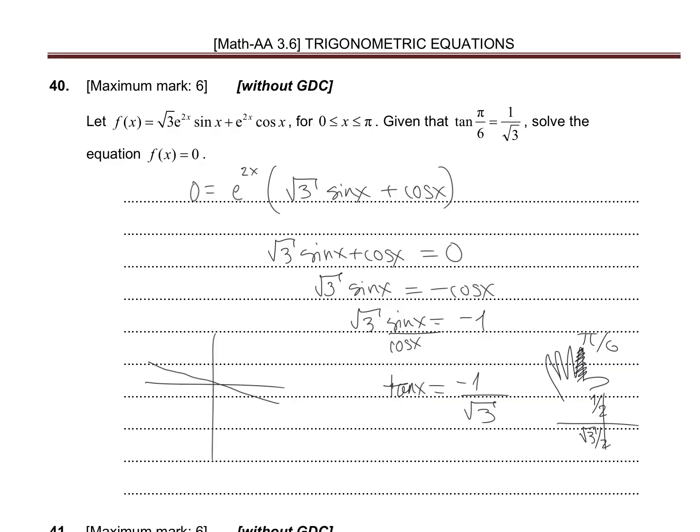Actually, it's going to be more like this because it's pi over 6 and pi over 6 here. All right, so now it's in between 0 and pi only. So we only have 5 pi over 6, pi minus pi over 6. So 5 pi over 6.